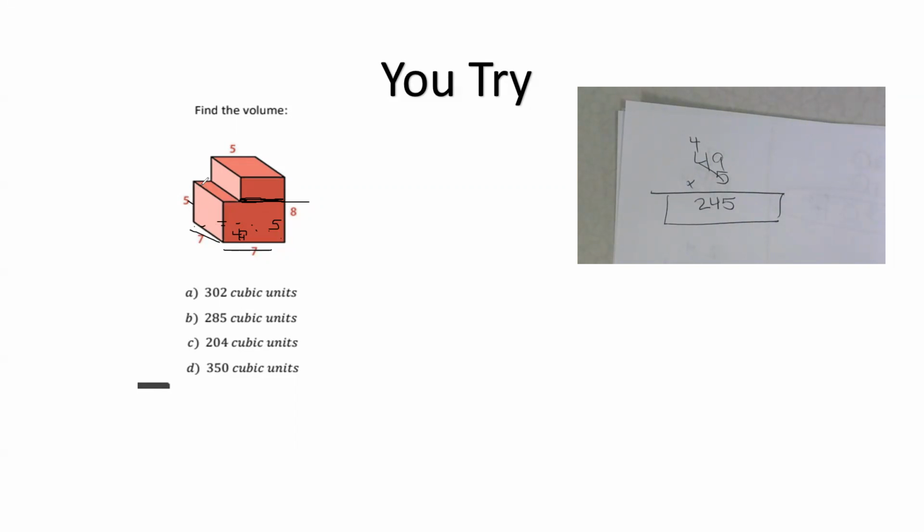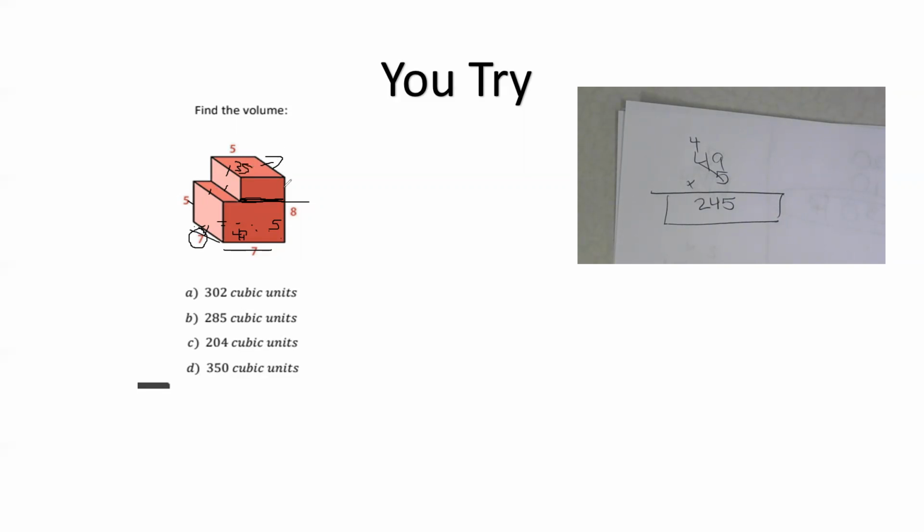Now I got to find the top one. I don't know this one, but I know that it's equal to this one, which is equal to this one, which is equal to this one, which is equal to 7. So I can find the area now. 5 times 7 is 35.